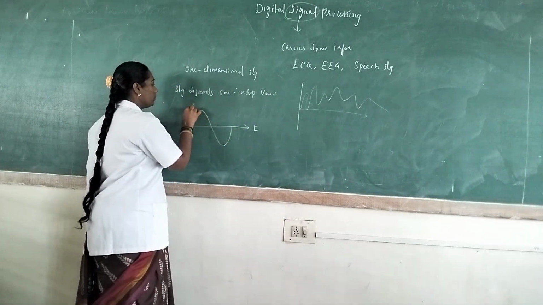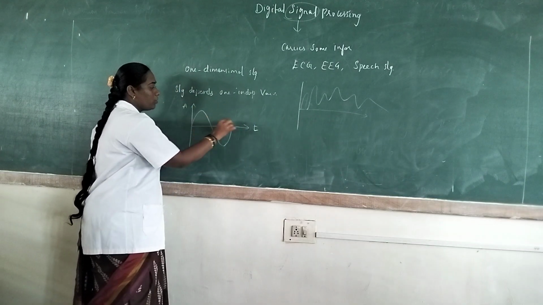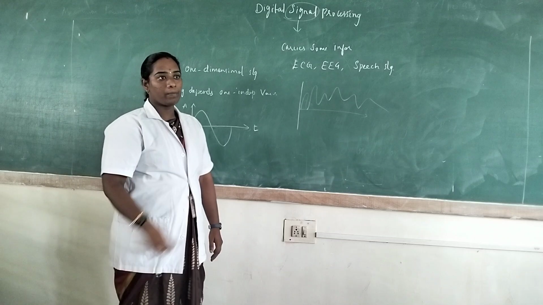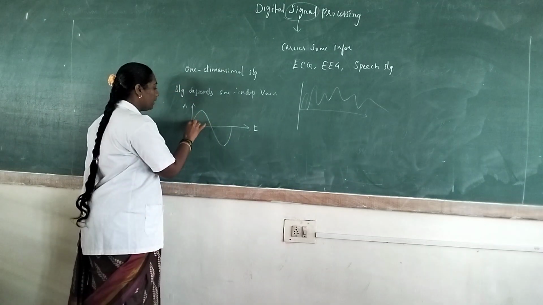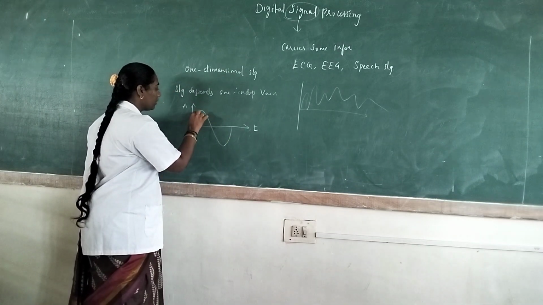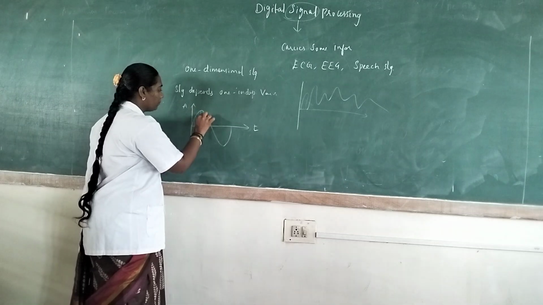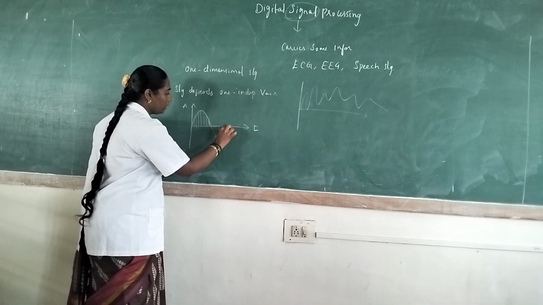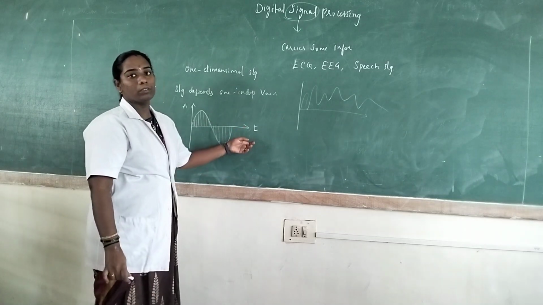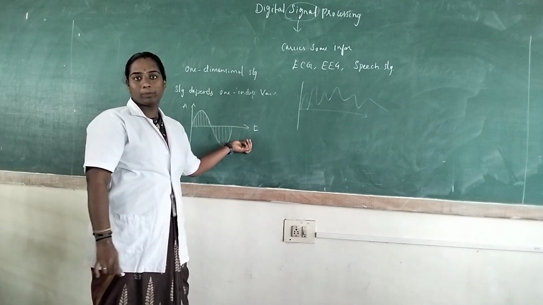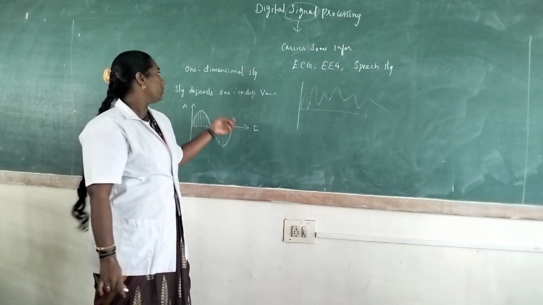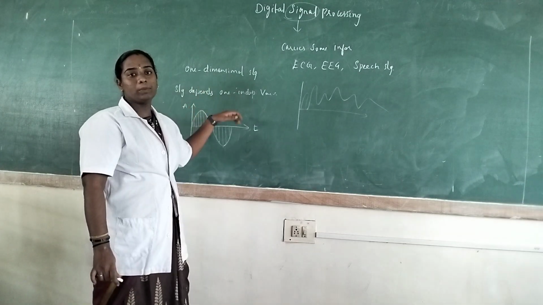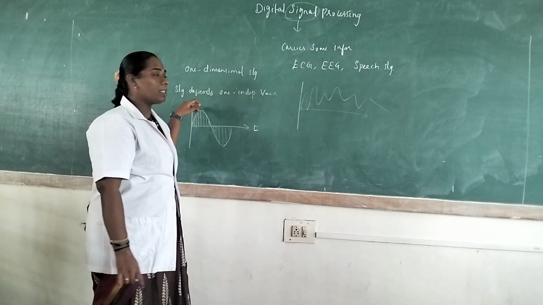Here we measure the amplitude at each and every instant of time, so we get some value at each instant. The signal depends on one independent variable, time. Hence this signal comes under one-dimensional signals.